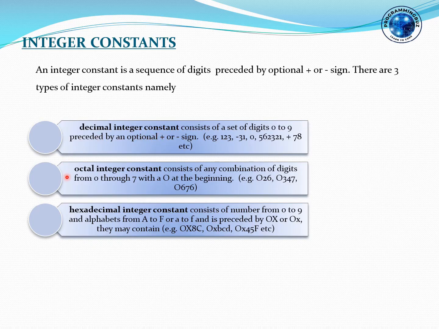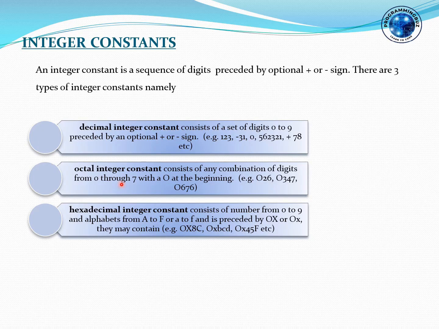Other types of number systems are the octal number system and the hexadecimal number system. The octal integer constant follows the octal number system, which contains the digits from 0 to 7 only. But our decimal integer can also have digits from 0 to 7. Then how do we differentiate between these two?